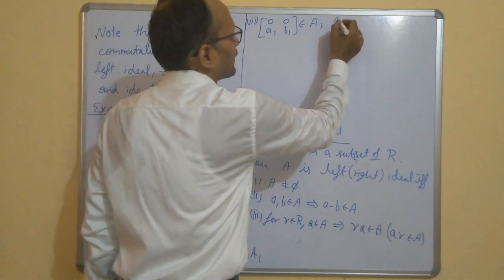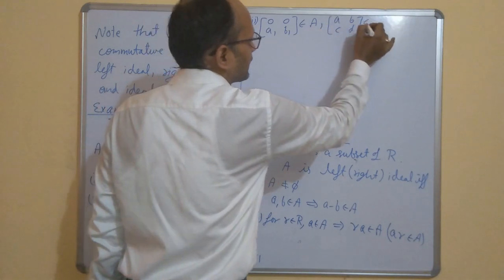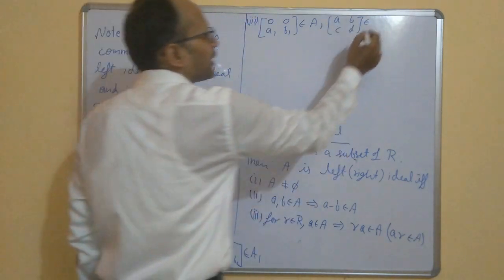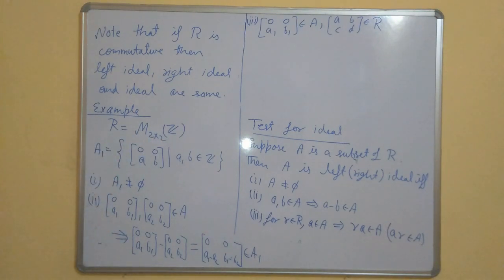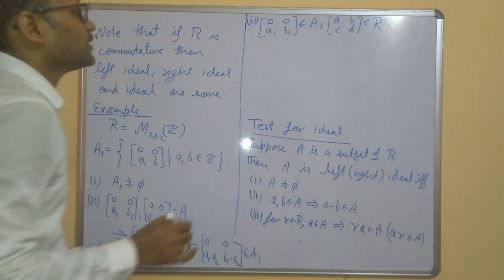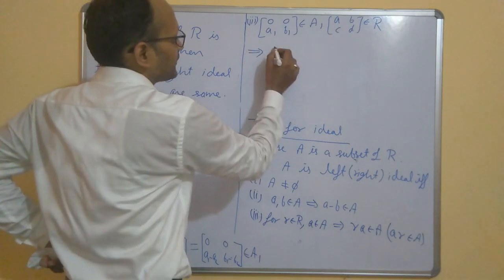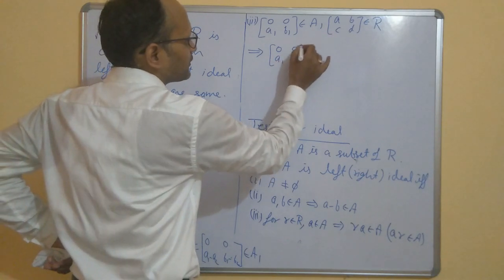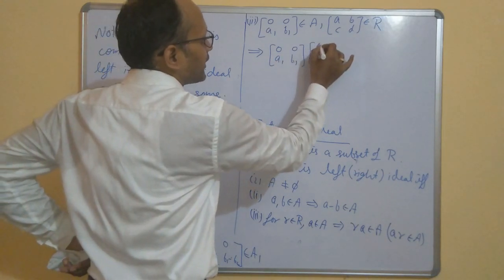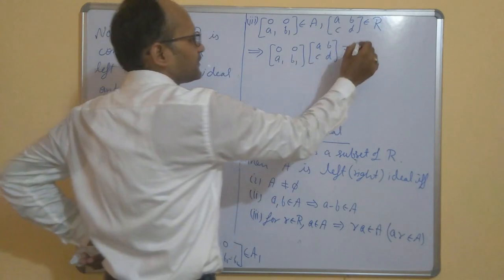So let me take [a b; c d] as another element in the ring R, which is the 2 cross 2 matrices over Z. So now what does it imply? Let us multiply [0 0; a1 b1] and [a b; c d], and let us see what will happen.